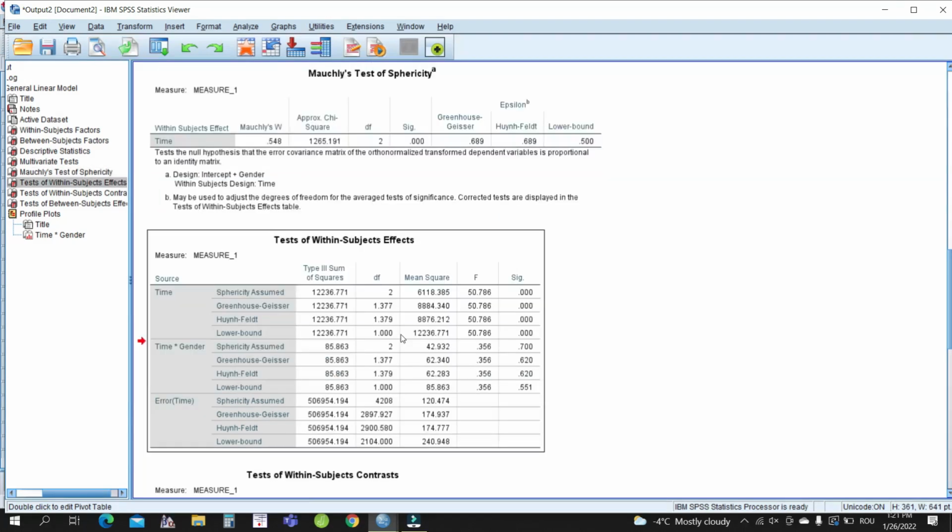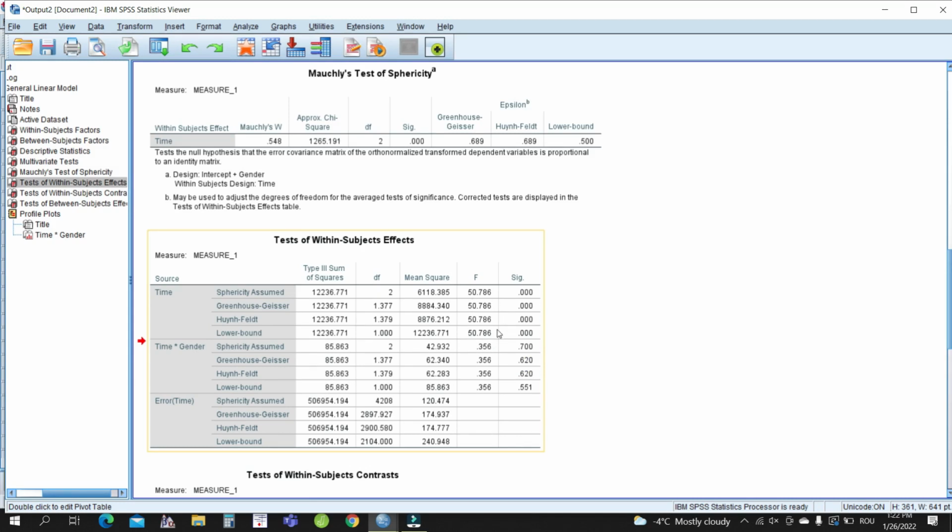This means that in the Within Subjects Effects table, instead of inspecting the first F value corresponding to sphericity assumed, we will have to interpret one of the other three values, which are corrected values of F, correction performed for sphericity not assumed.